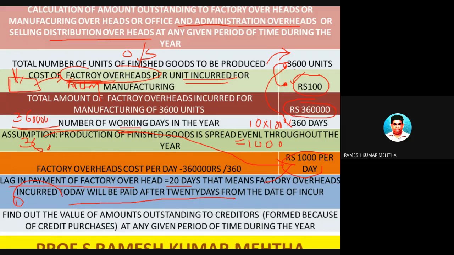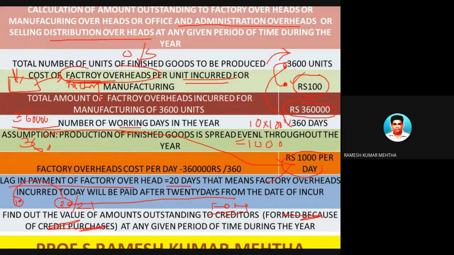It will be paid on completion of the 20th day, so probably on the 21st day we are going to pay. Until such time, 20 days, this amount stays outstanding. So we'll find out the total amount of outstanding factory overheads at any given period of time.